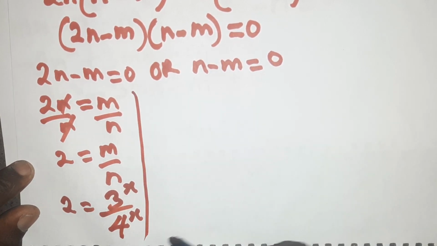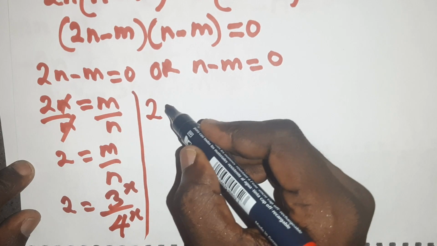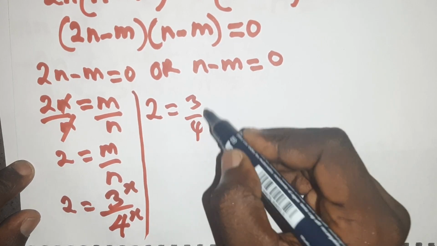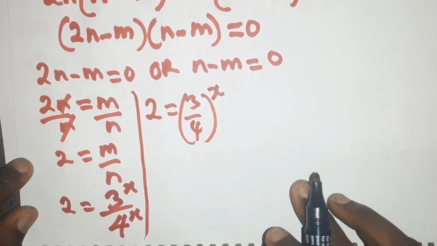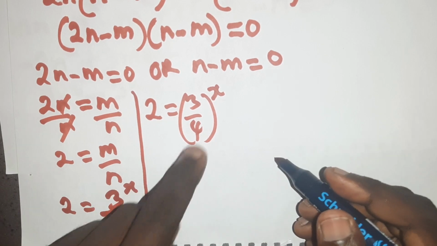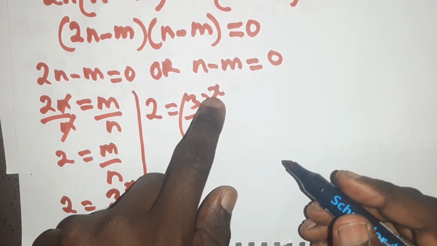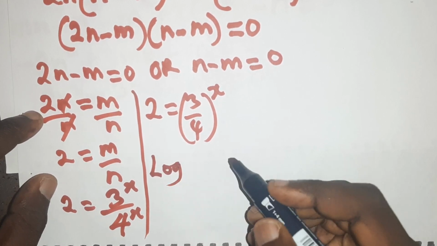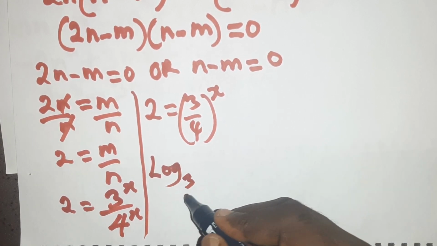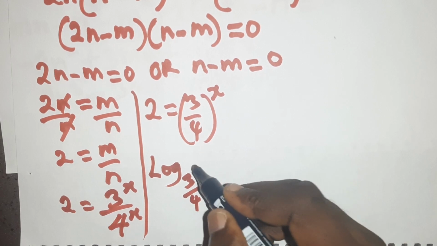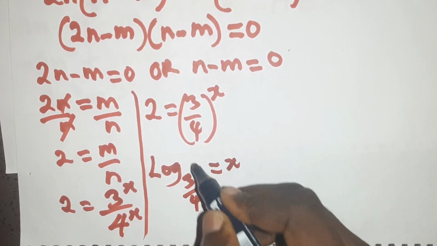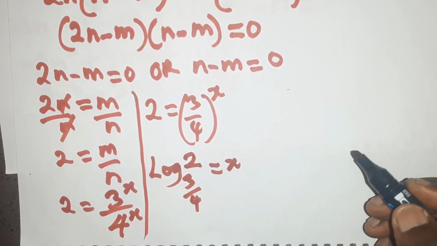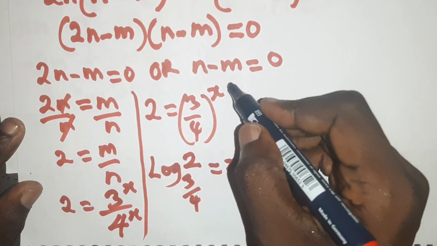And then I will have 2 equals to 3 over 4, everything raised to power x, since the power is common to both of them. Then reversing this to a logarithmic equation, I will have log base 3 over 4 equals to x, and I have 2 as the argument here. That is for case 1.